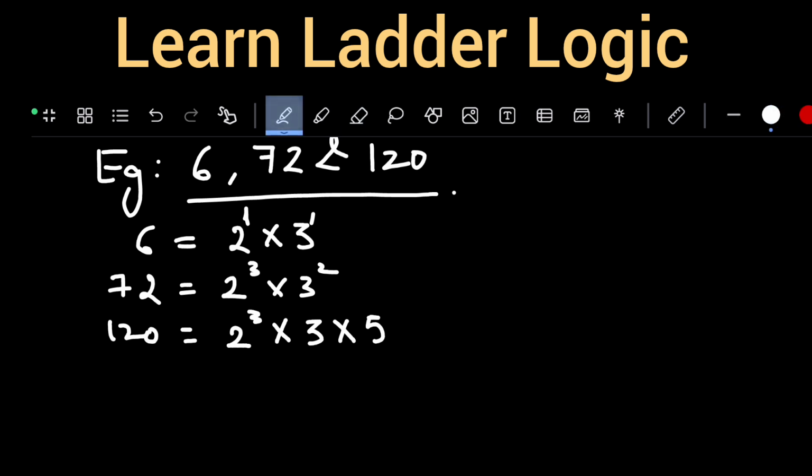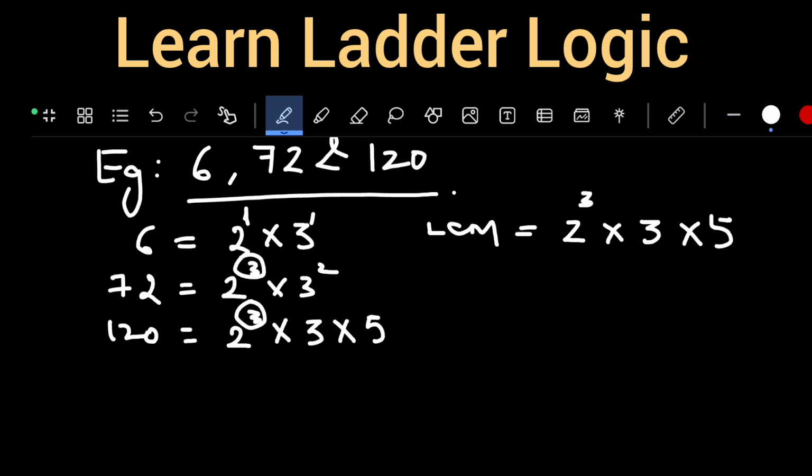Now, let us do the LCM and HCF of these numbers. For LCM, write all the varieties of numbers given to you. The varieties of numbers we have are 2, 3, and 5. Now write the highest power given to these numbers. In 2, the highest power is 3. The highest power available for 3 is 2.